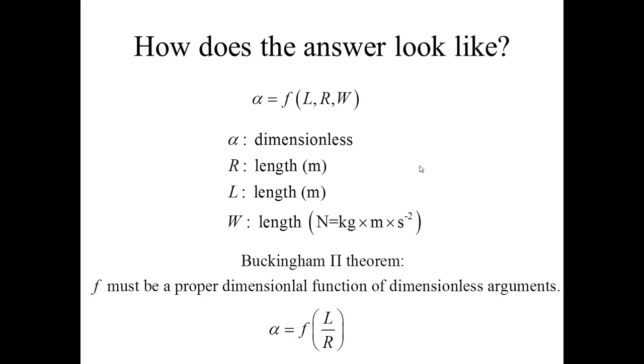Now, if I look at the list of arguments R, L, and W, it is clear that the only way we can create a dimensionless argument is by taking the ratio of L over R. Of course, we can take the ratio of R over L, but the bottom line is we have just one argument. Why is this important?